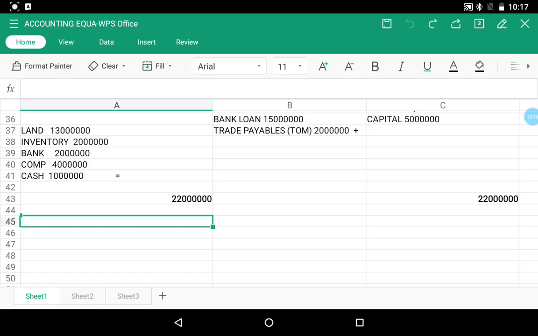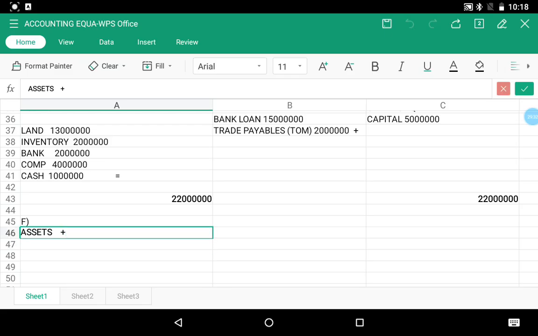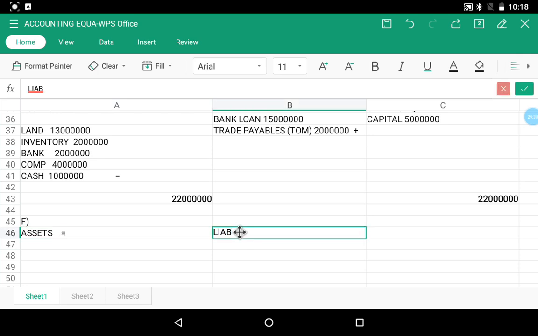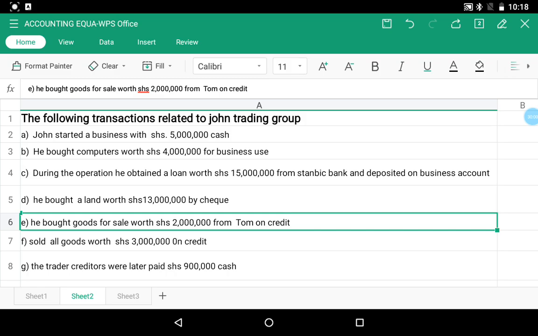We are on part F, where we first state our accounting equation, which is assets is equal to liabilities plus owner's equity.